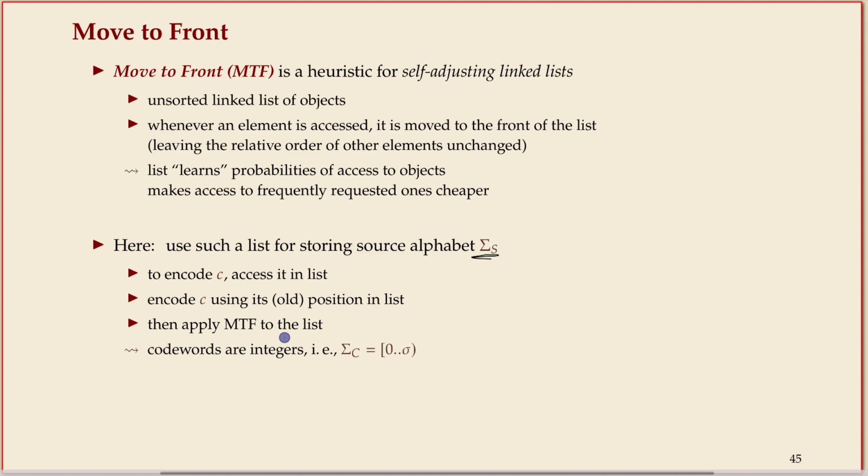The only thing that we have to make sure is that the decoder does the same, then that's fine. So in this case, unlike what we had before, the source alphabet is arbitrary, but the coded alphabet now is integers. And again, think of this as an intermediate stage. You have to do some encoding after that anyways, so it doesn't have to go to binary straight away.